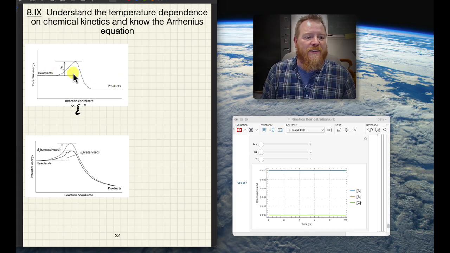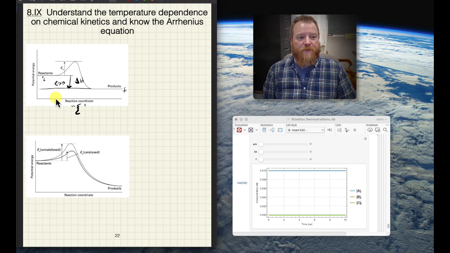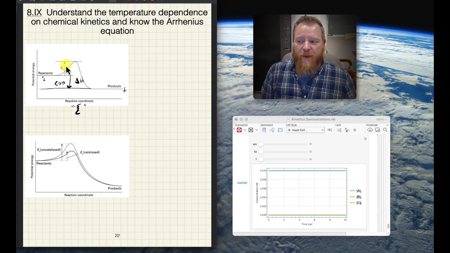For one, in this example, if I look at the initial state of my reactants and the final state of my products, we could see overall this reaction would be exothermic, right? Because the final state is at a lower potential energy than the initial state. But also what we can see here is the energy required to get over the barrier.